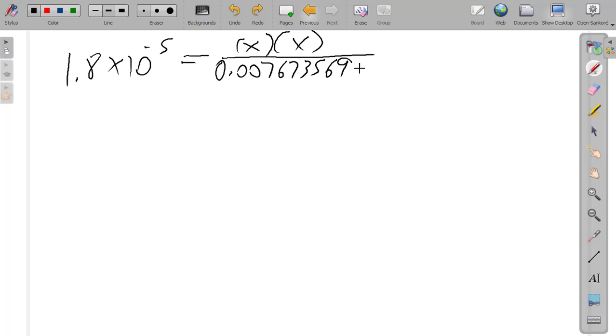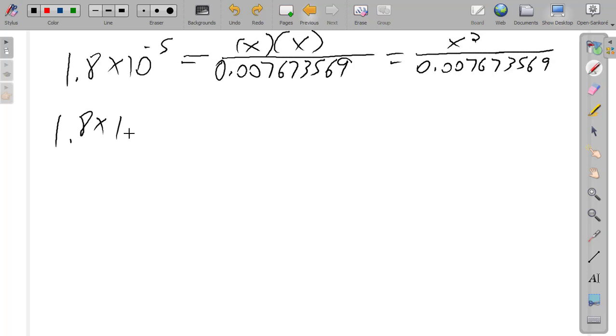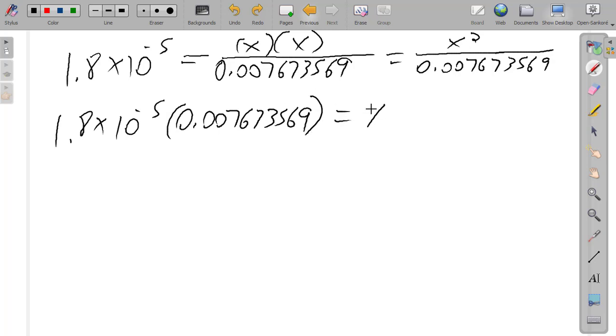And now I don't even have to worry about a quadratic, because I'm going to have the X squared over that 0.007673569. And so 1.8 times 10 to the minus fifth times 0.007673569 equals X squared.